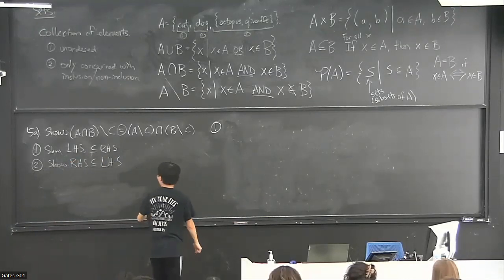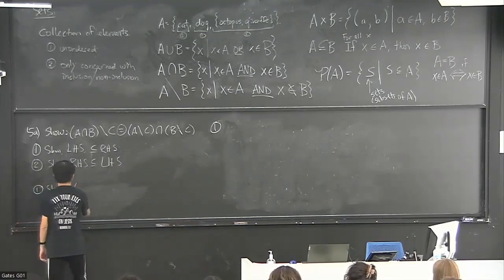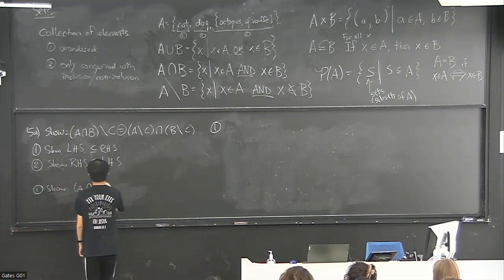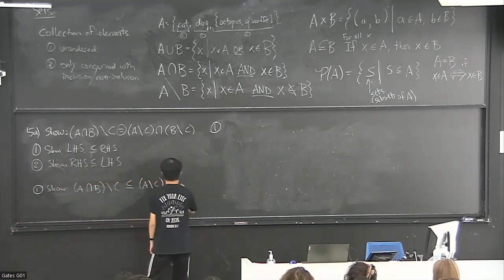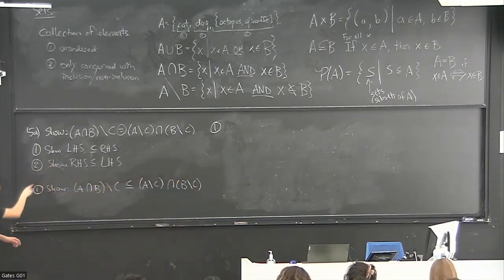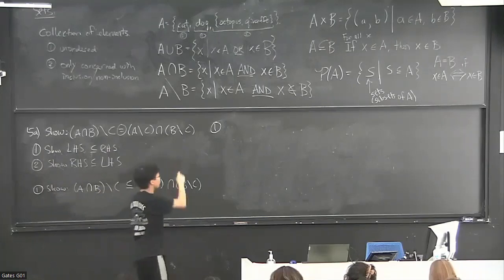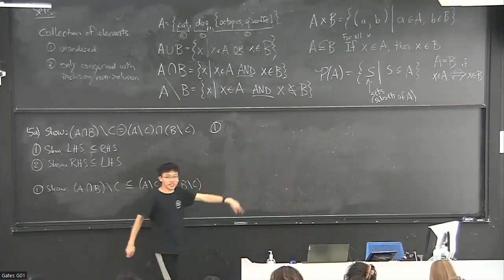So part one, I actually want to show this. Now, if we look at the definition, we want to show that for all x, if x is in A, then x is in B. Notice that if-then statement.